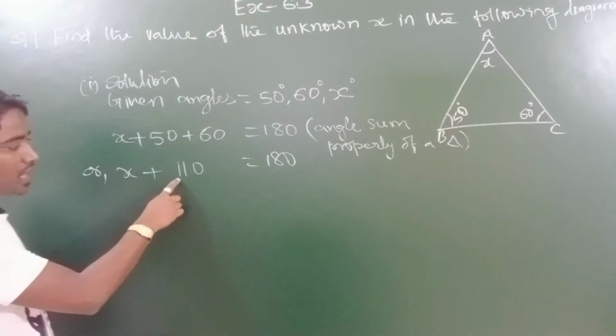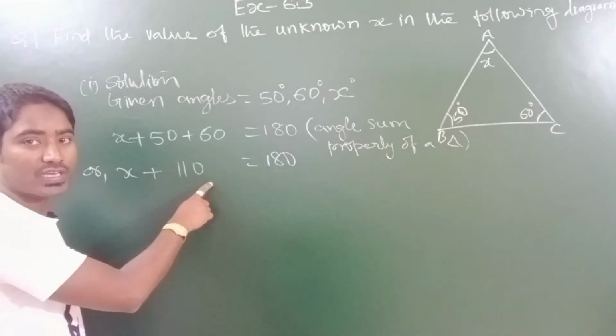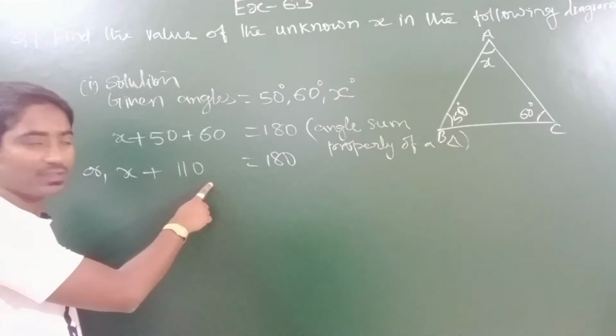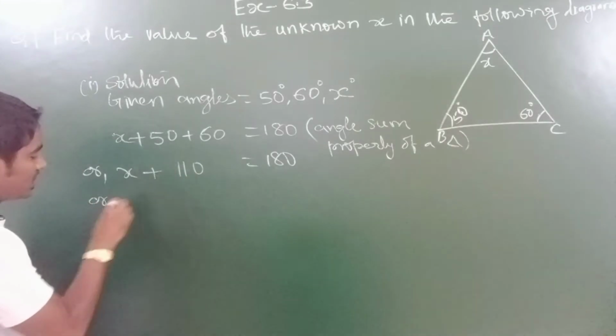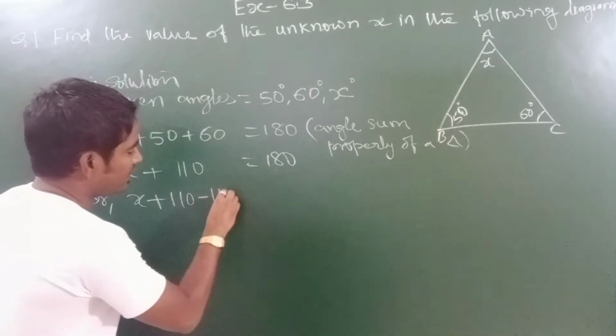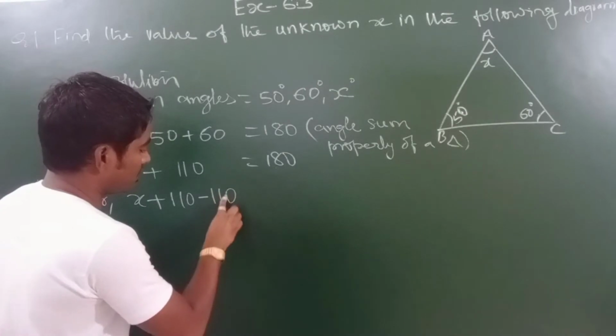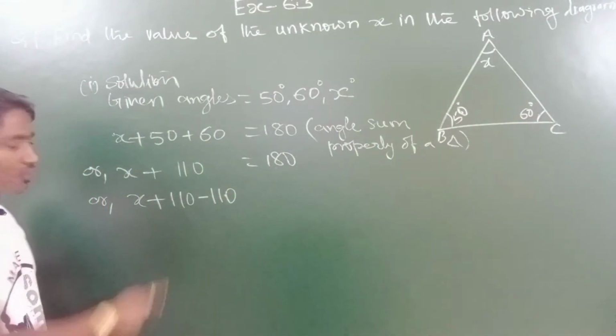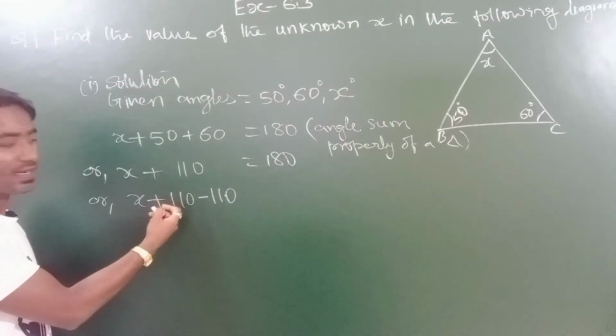Now we have to remove this one, so I have already explained in simple equations, students. Here we will write x plus 110 minus 110. Why minus 110? Because we have to remove this plus 110.